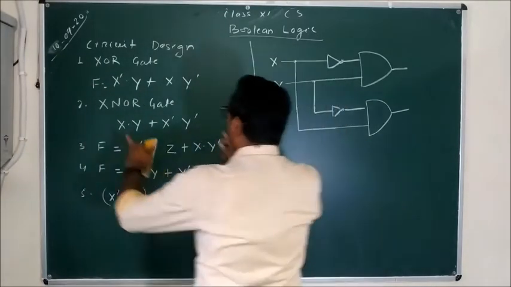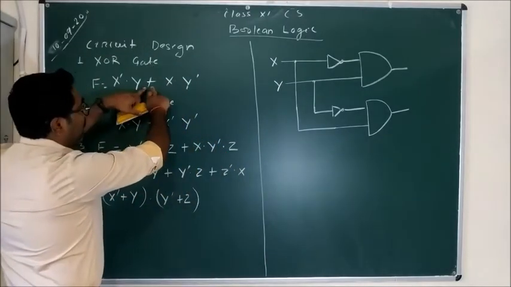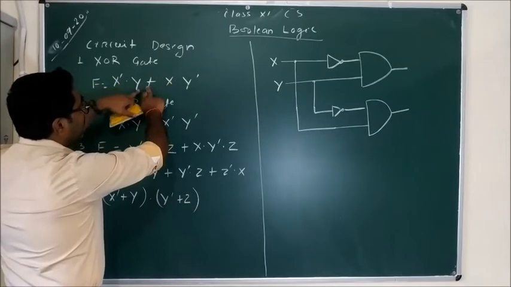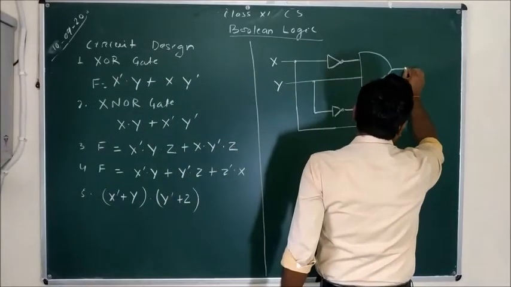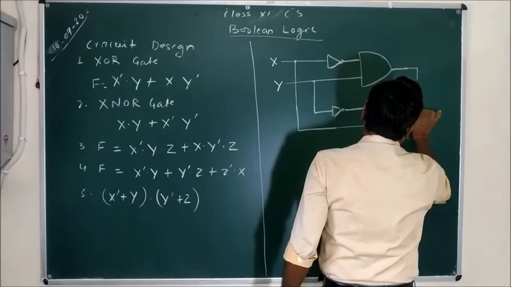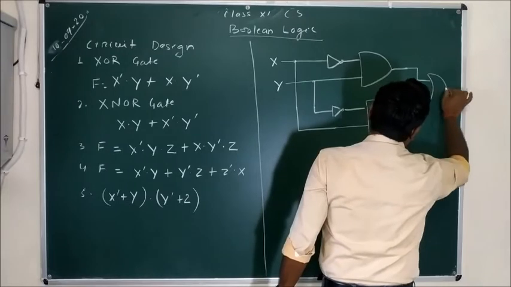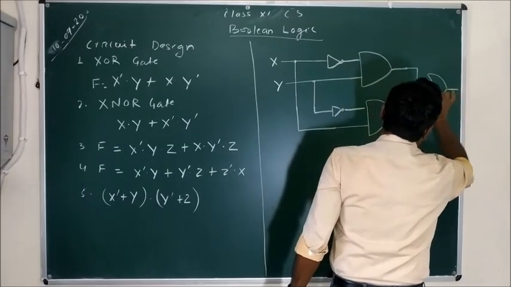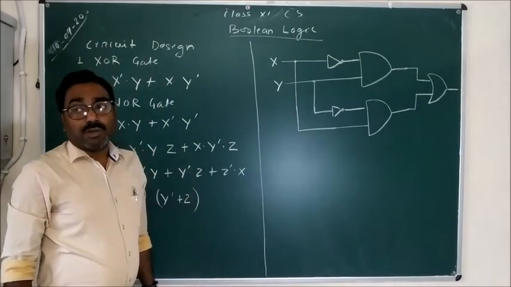Now we have to use an add operator between these two terms, that means an OR operator. So for that we use an OR gate, and here we have the solution.